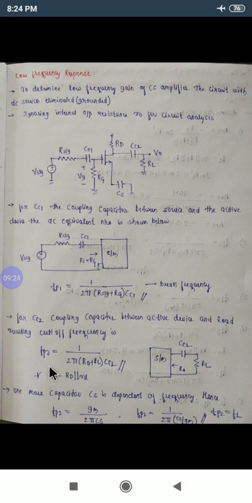Similarly, at the output side we got FP3, that is 1 divided by 2 pi (R0 plus RL) CC2, because the output resistance and the load resistor are connected in series, where R0 is always capital RD parallel to small rd. Capital RD is the external drain resistance, and small rd is the internal drain resistance. One more capacitor, CS, is frequency dependent, so FP is equal to gm divided by 2 pi CS. So this is the low frequency response of a CS amplifier.